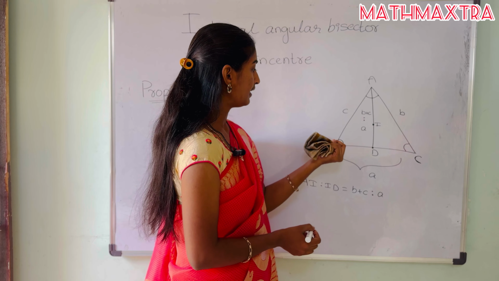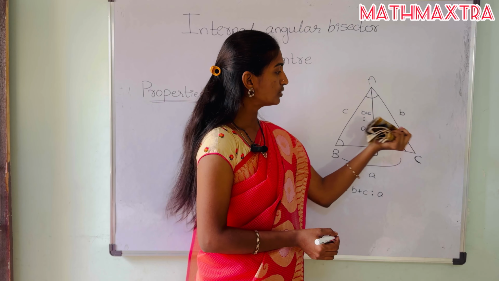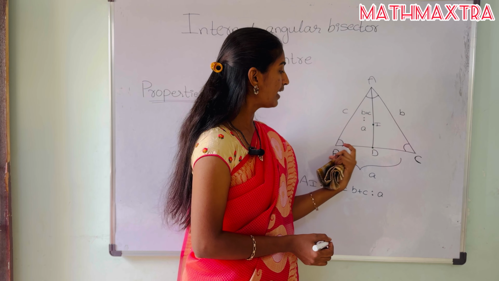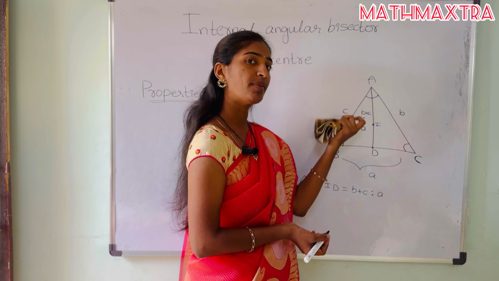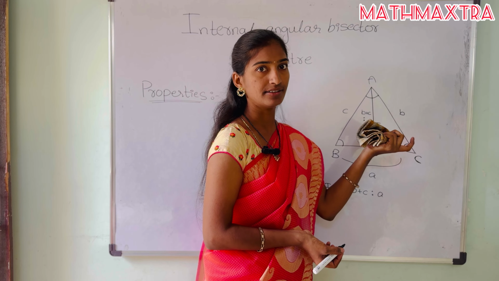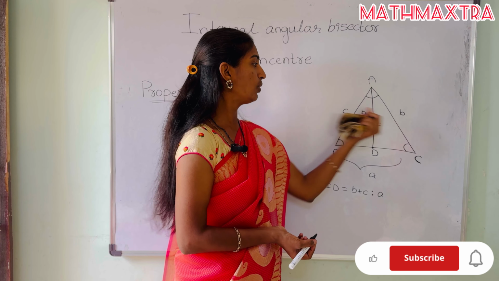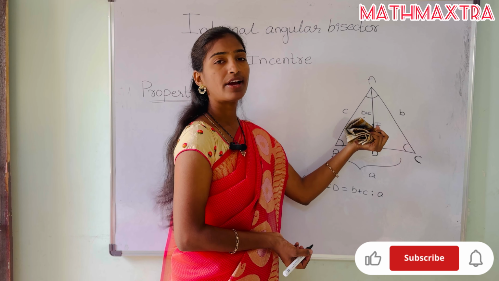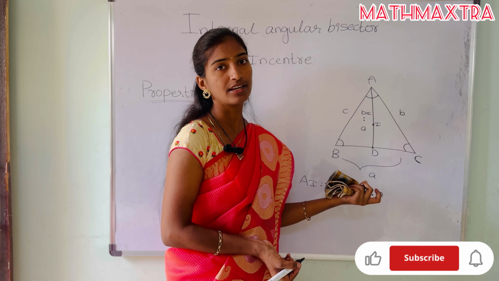Similarly, the internal angular bisector through vertex B is also divided by the incenter in the ratio of the sum of the two sides and the other side. Okay. So from this you can easily find out, if you know the sides of a triangle, the ratio in which the incenter divides the internal angular bisectors.